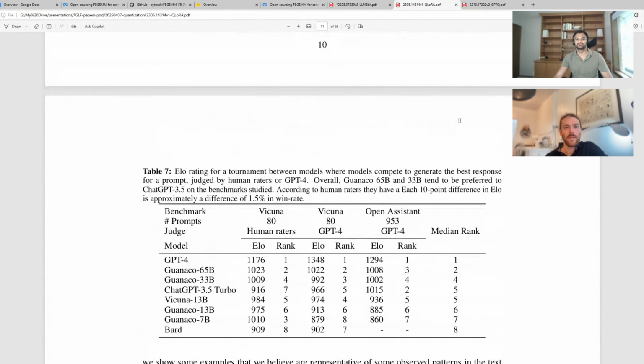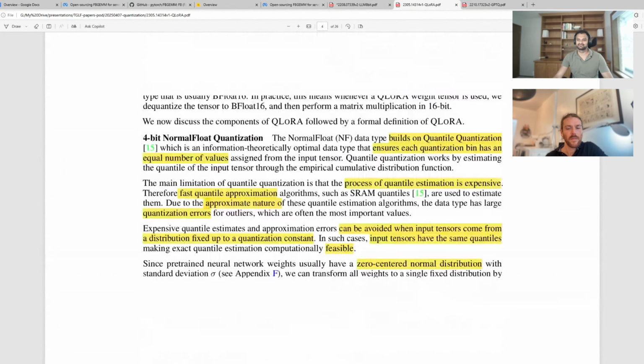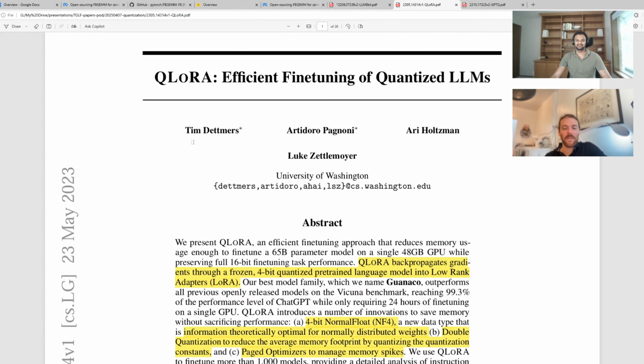I think the next one is probably your favorite, QLoRA. Yeah, we definitely use QLoRA on a day-to-day basis. I mean, it kind of makes sense to use LoRA to pick up any quality that got lost by just doing a naive quantization.